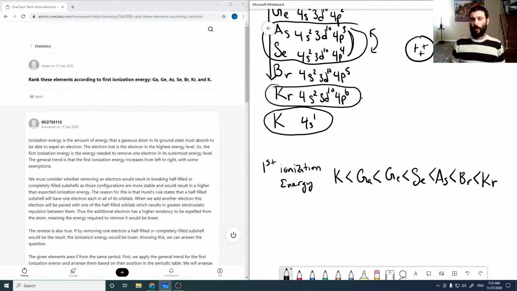Okay, so basically it goes right across the periodic table from left to right, except selenium and arsenic are swapped.